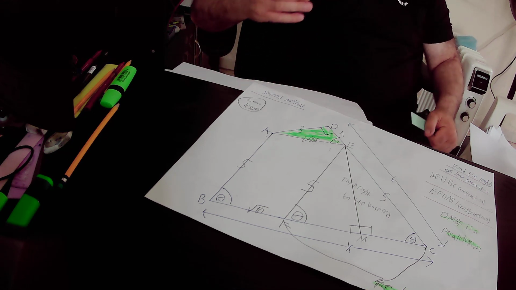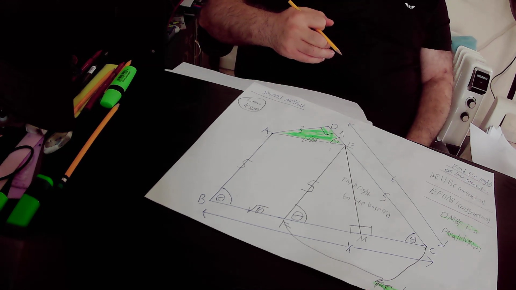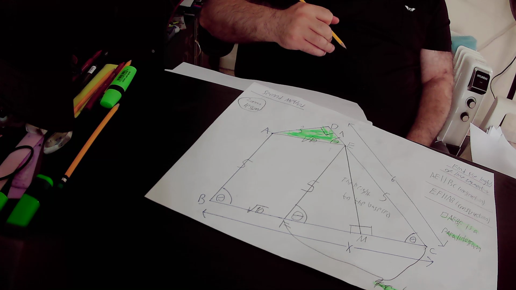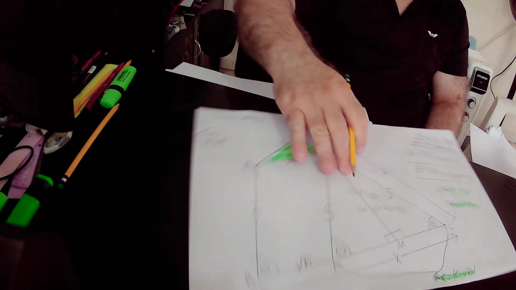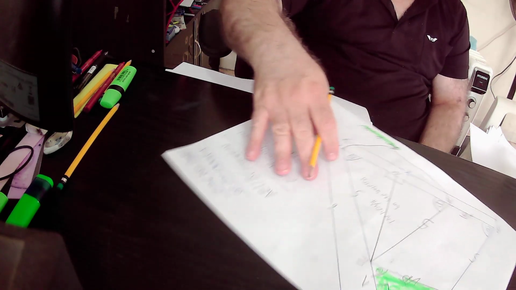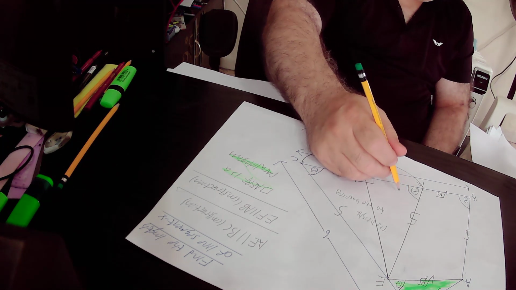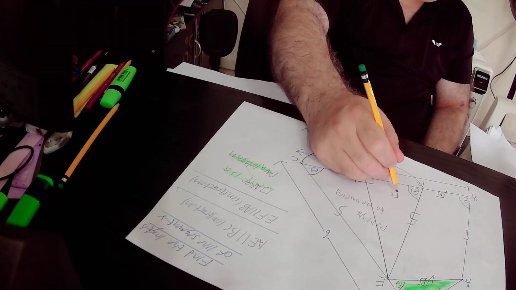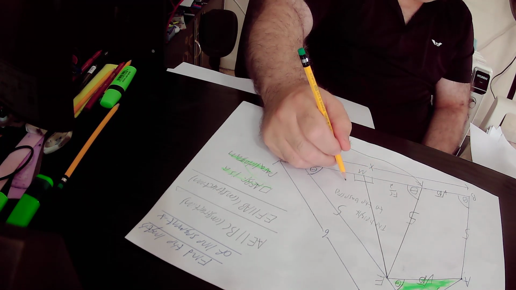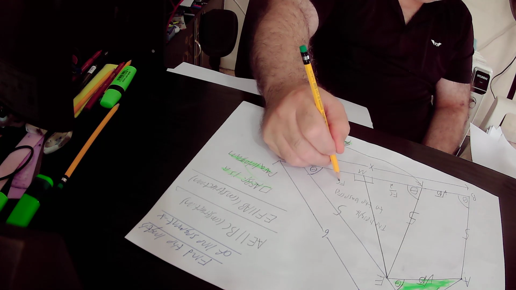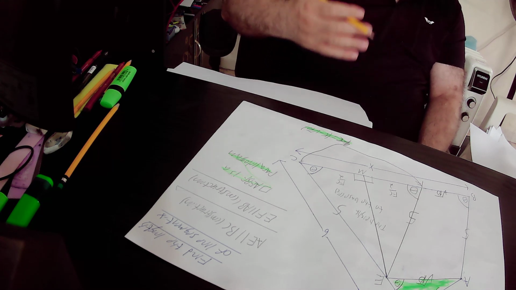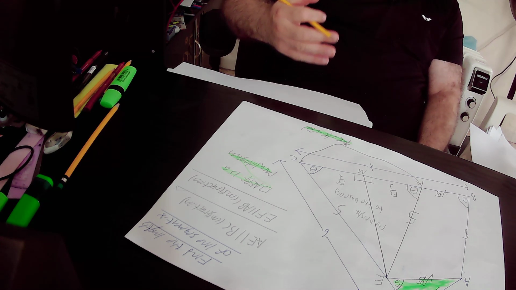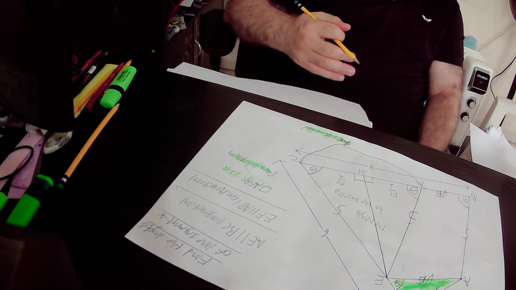So according to rule number 5, the height EM bisects the base FC. It means that it divides it into two equal parts. So if the first part is equal to FC over 2, then the second part must also be equal to FC over 2, because the height divides the base FC into two halves.